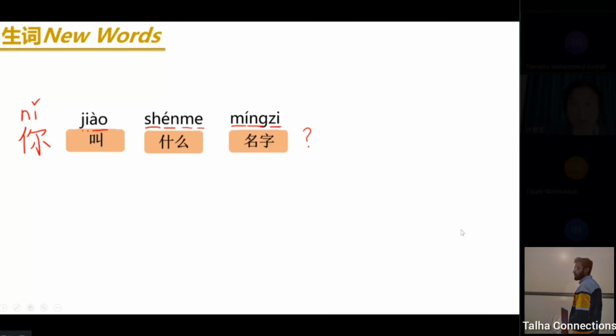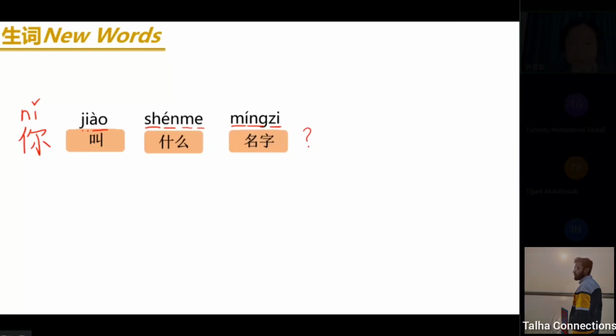Prof, please, I have a question. Okay. Why is it that shenme is what, and we didn't bring shenme first in the sentence, like in English, what is your name? Oh, okay. Yeah, first of all, you should know that Chinese sentences sometimes have a different word order from English ones.